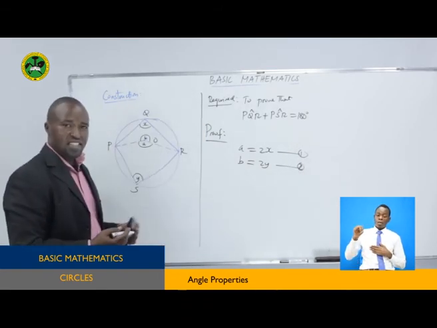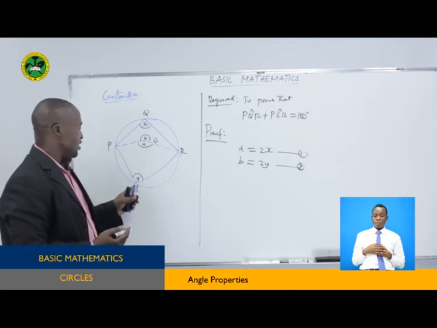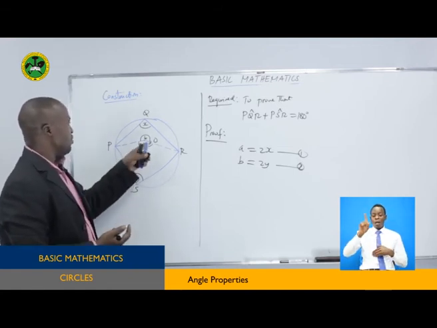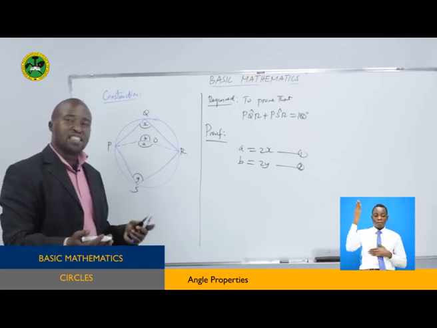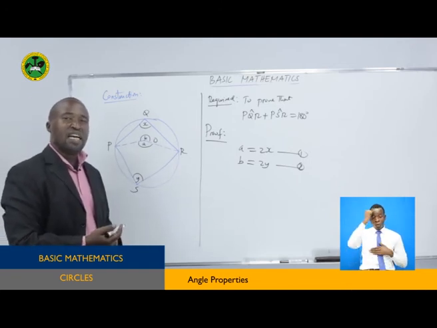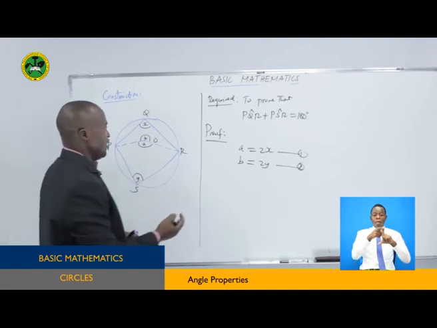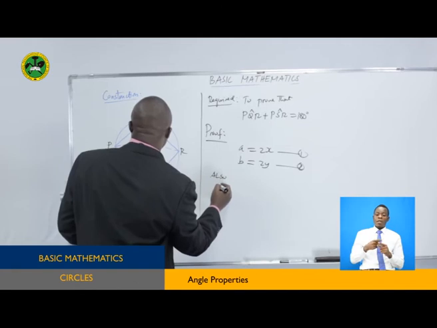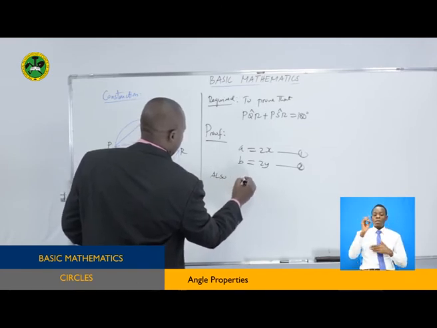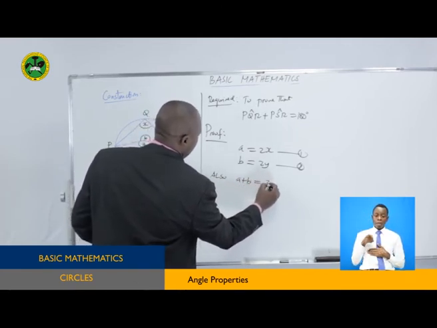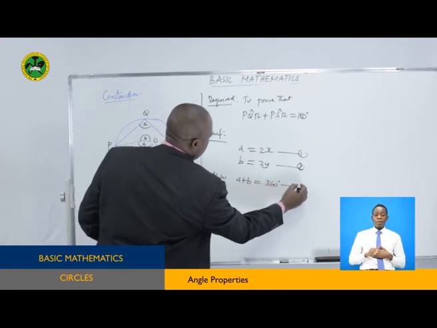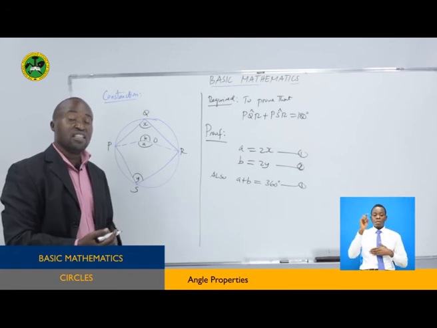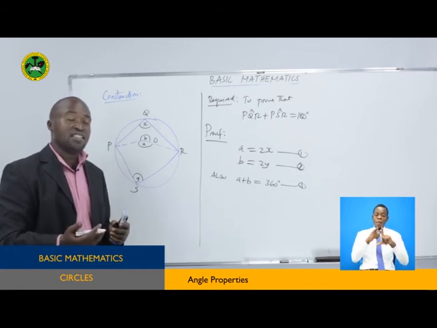B is at the center, while Y is at the point of circumference. But also students, remember, the sum of angles at the center of the circle is equal to 360 degrees. So in this case, we say also A plus B is equal to 360 degrees. That is, the sum of angles at the center is equal to 360 degrees.